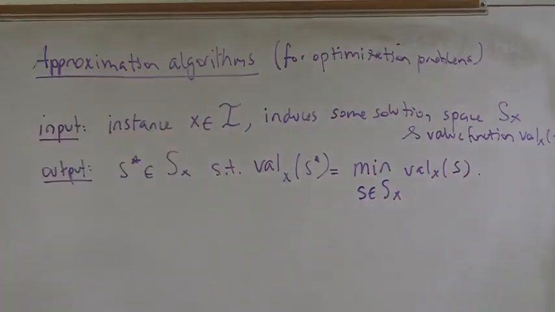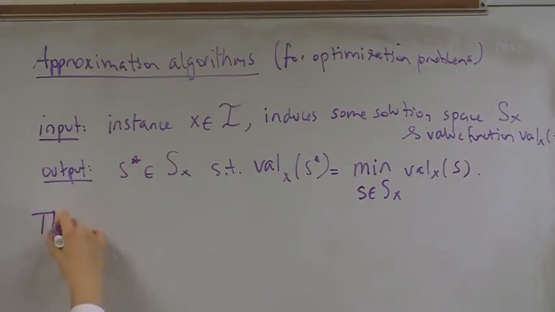Now here I'm phrasing the problem as a minimization problem. You can flip everything and phrase it as a maximization problem. Everything is symmetric. And it's clear that this formalism is able to represent whatever optimization problem you're discussing.